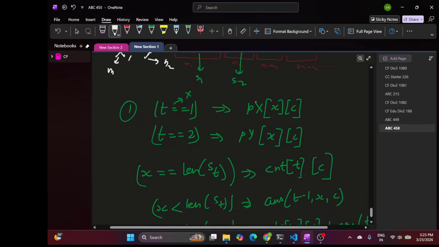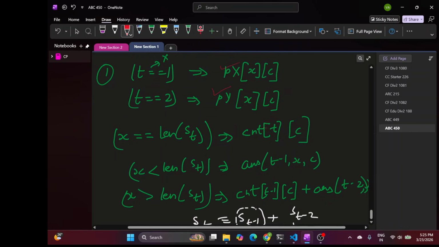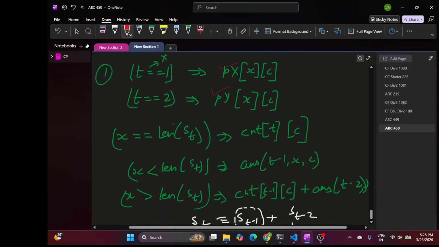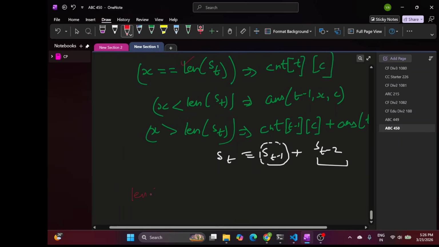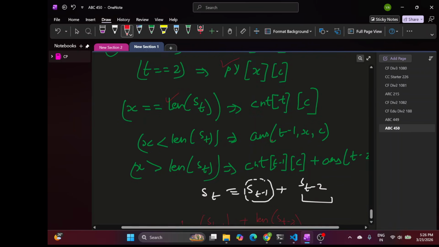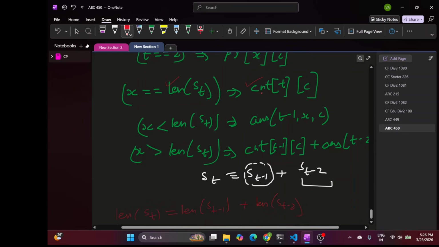Now, calculating this is easy. Prefix for x and prefix for y, right? But how will we calculate these two values? Length is also easy, right? Length of st is nothing but length of st minus 1 plus length of st minus 2. And how will we calculate this count?